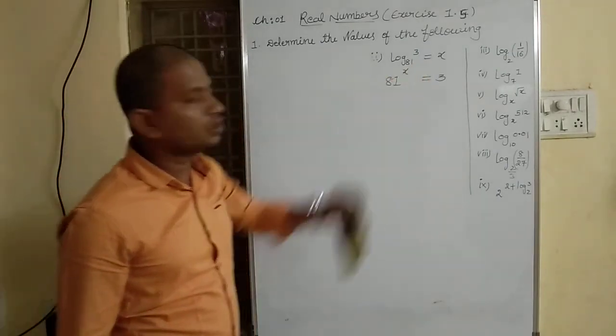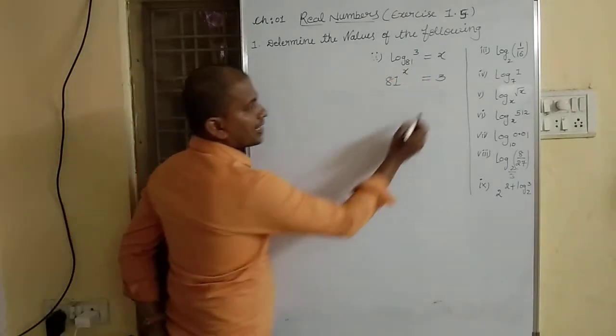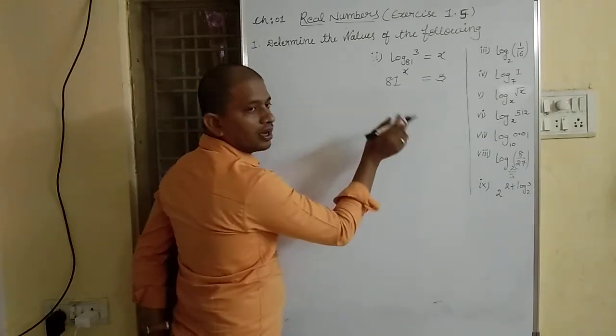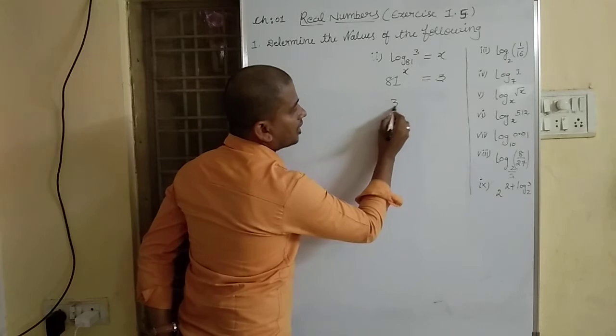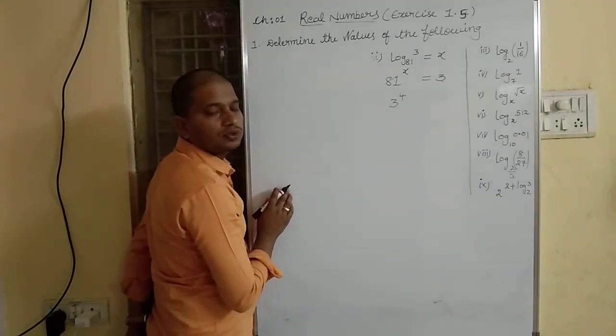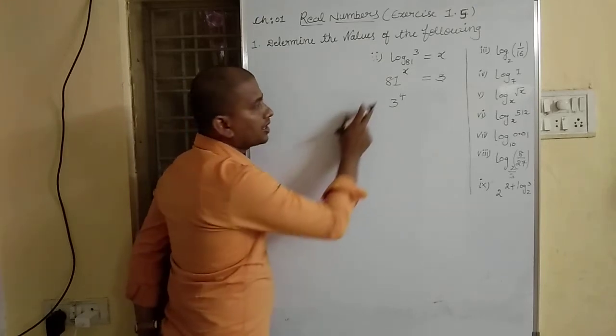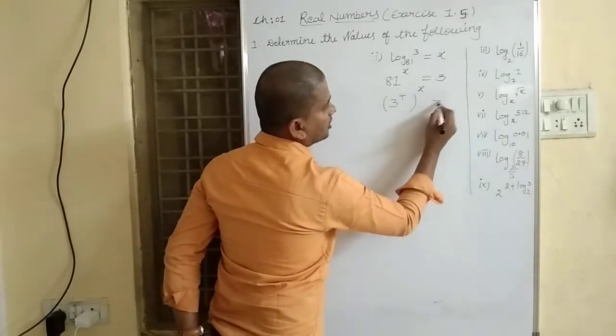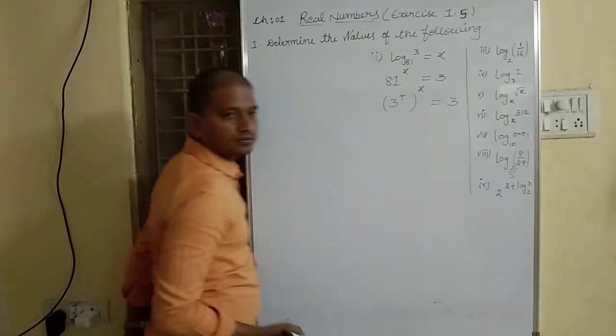As the base is 3, 81 I can write as 3 raised to the power 4, 3 into 3 into 3 into 3 is 81, whole power x is equal to 3.